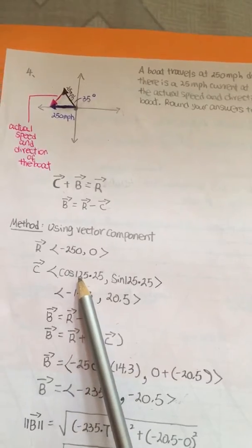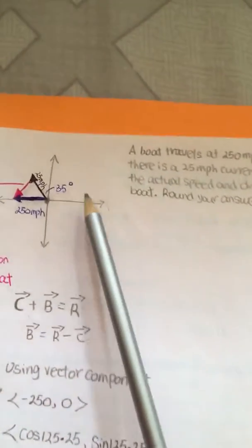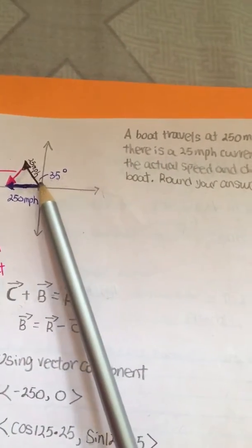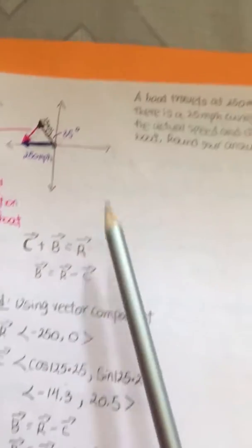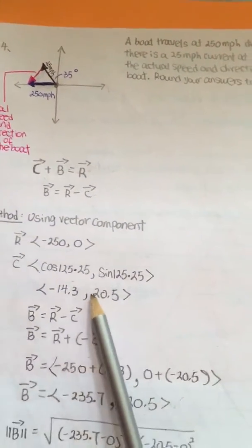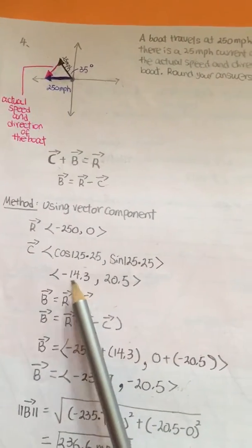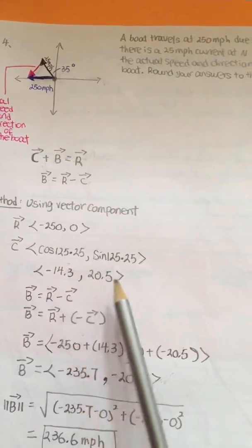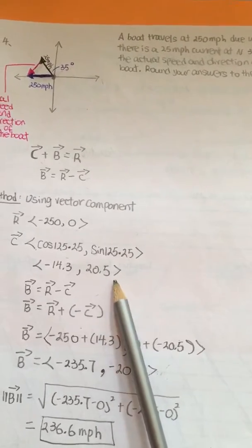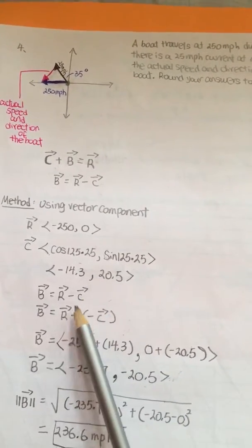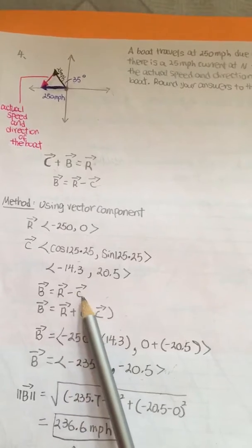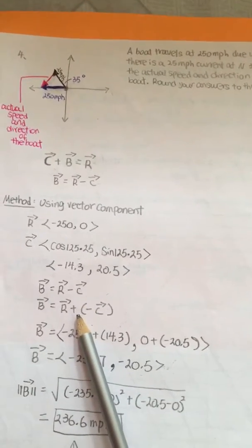The reason why it is 125 is because this angle over here is 90, so 90 plus 35 is 125. So when I did the math, I have the x component is negative 14.3, and then the y component is 20.5.